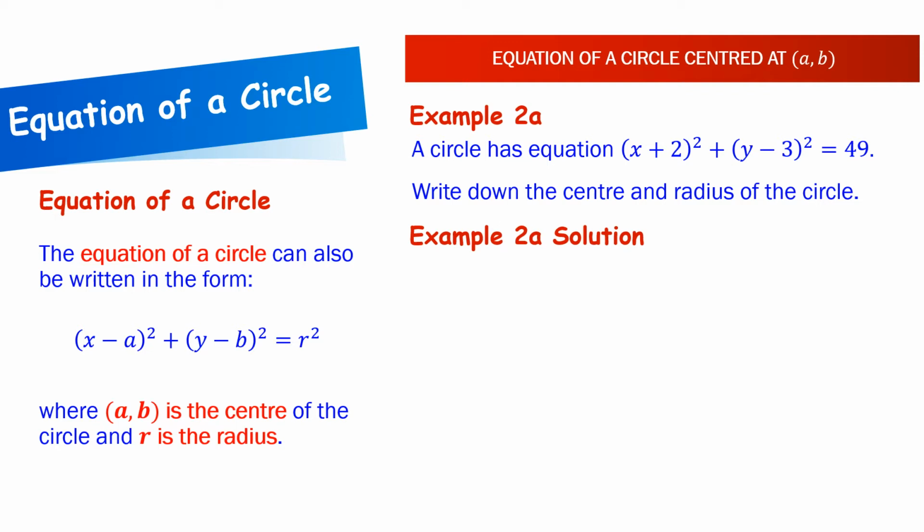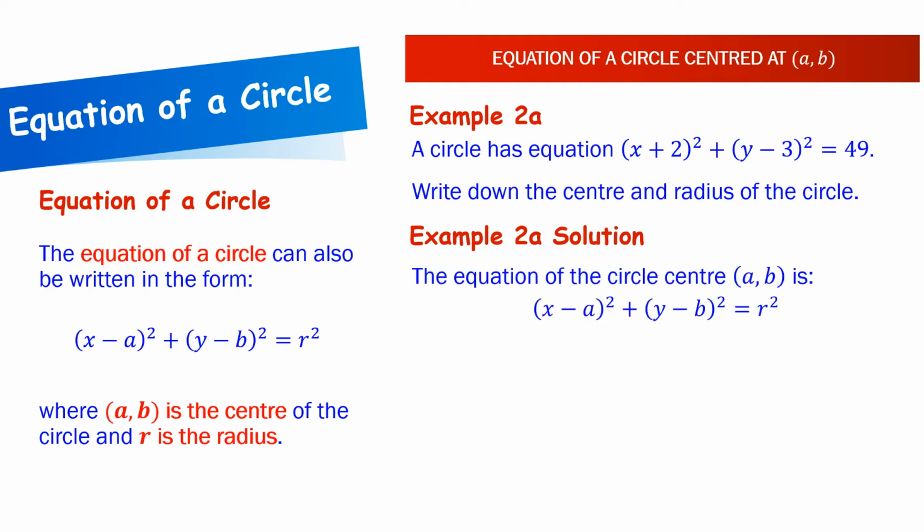So let's solve this. The equation of the circle with centre (a, b) is (x − a)² + (y − b)² = r². This can be written in our example as (x − (−2))² + (y − 3)² = 49.